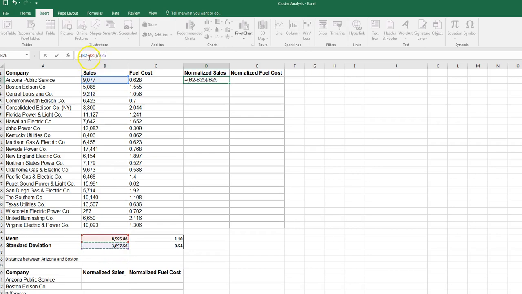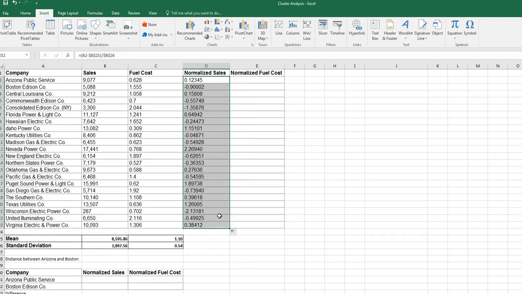Make sure that the difference between the observation and its mean is in brackets so that the subtraction takes place first and the division takes place after. Because the mean and the standard deviation remain the same throughout, I'm just going to convert those into absolute references. You can do that by pressing F4 on your keyboard. And I can drag this down to apply the same formula to all the 22 companies.